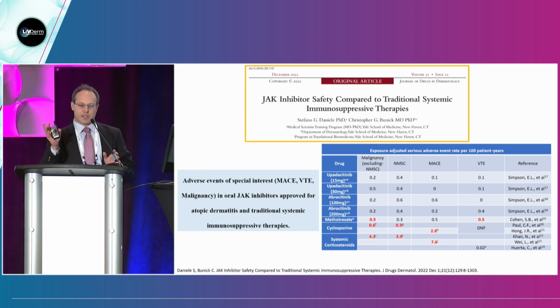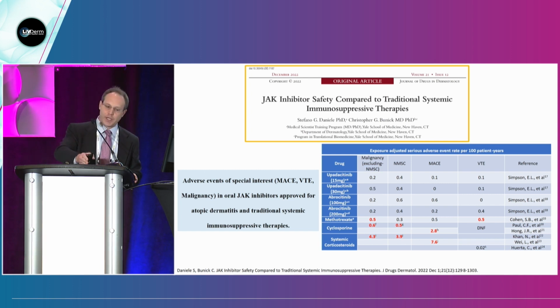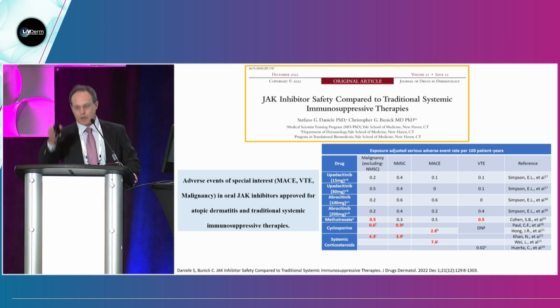What we did in this study is we simply took the adverse events characterized by events per 100 patient years for upadacitinib, 2 doses, and abrocitinib, 2 doses, and compared it to methotrexate, cyclosporin, and systemic corticosteroids for 4 major adverse events: malignancy excluding non-melanoma skin cancer, non-melanoma skin cancer itself, major adverse cardiac events, and then VTE.